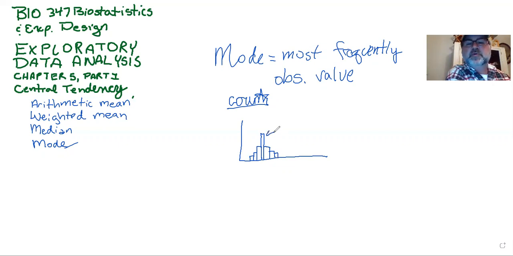So this would be the mode, okay? So when there are counts, it's very straightforward, okay? So obviously when you have counts, modes make sense.